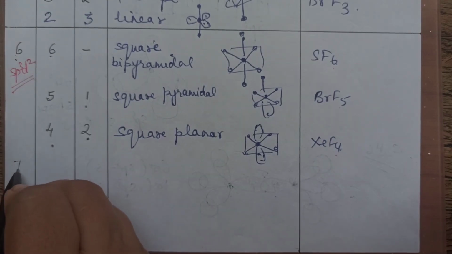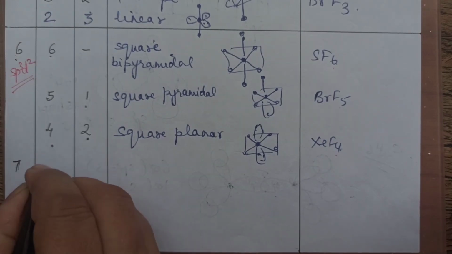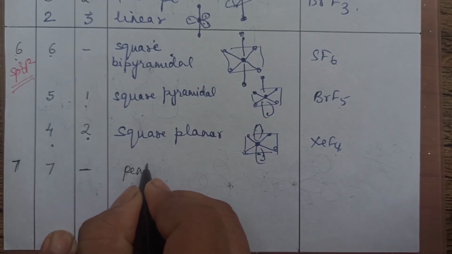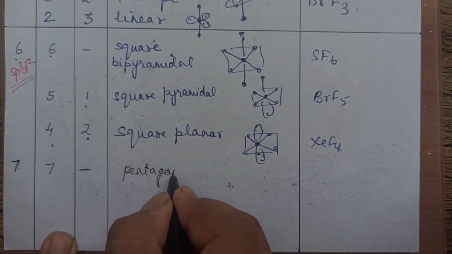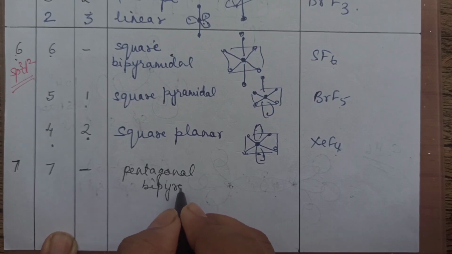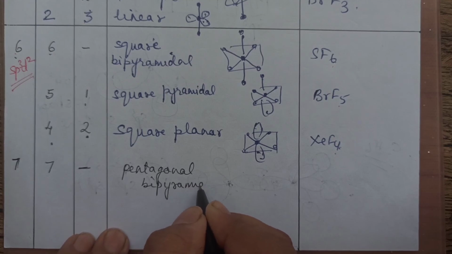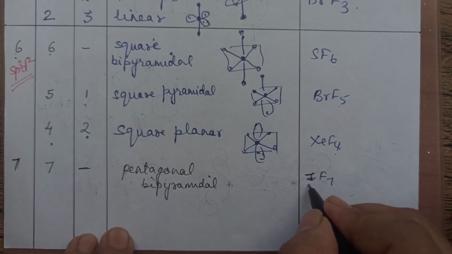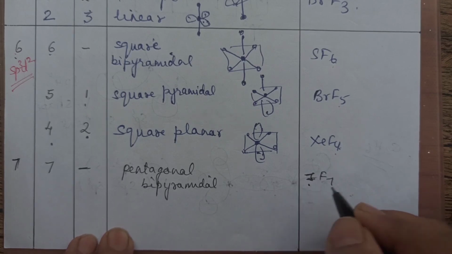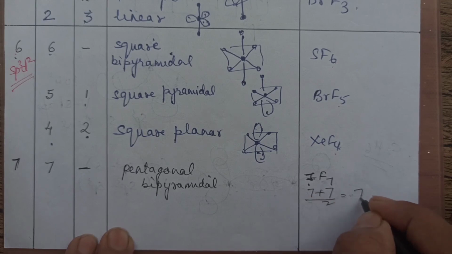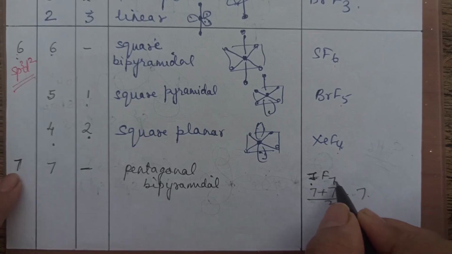One more here we can write, because you have only one such example. If you get electron pairs 7 and all are bond pairs, no lone pair, then the shape is pentagonal bipyramidal. I will calculate for you and show you. See, IF7, the central element valence electrons are 7 plus 7 surrounding divided by 2, you are getting 7 and surrounding also 7.